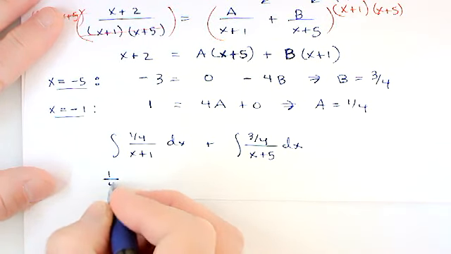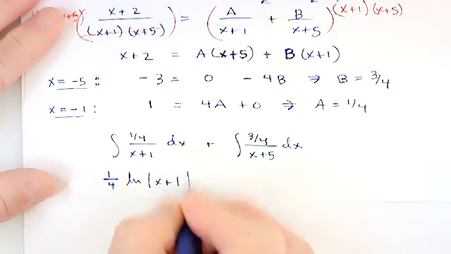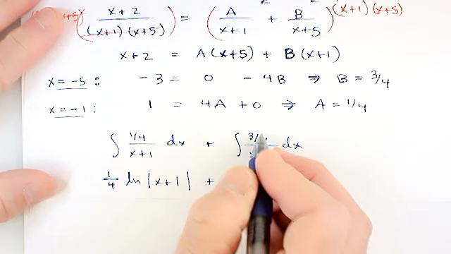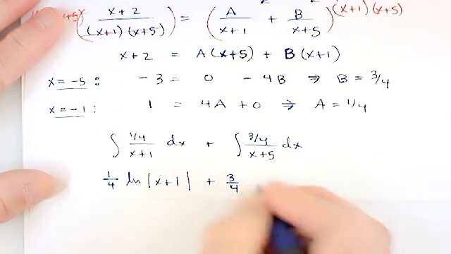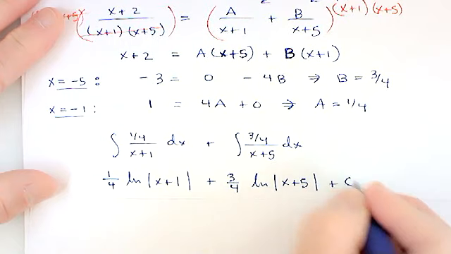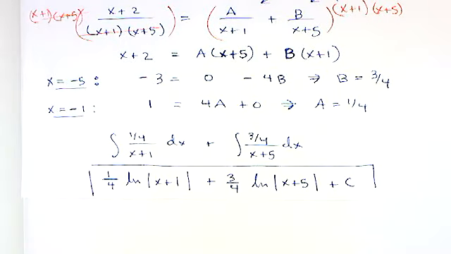And the antiderivative of that would be natural log, absolute value. Same thing here. If you took out the 3/4, you'd be left with 1 over x plus 5. That antiderivative is also natural log. And then we just tag on plus c at the end. And that's our antiderivative. Let's do one more.